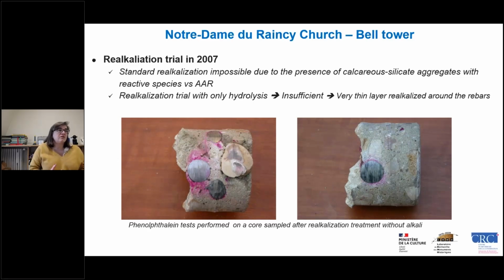And so there was a realkalization trial with only hydrolysis. And as you can see here, the results were very insufficient. We only could realkalize a very thin layer around the rebar, and so it couldn't be applied.